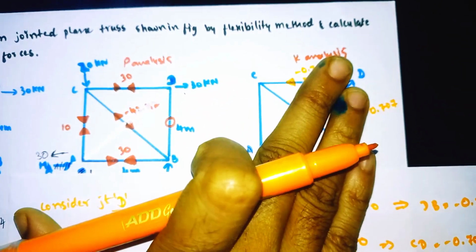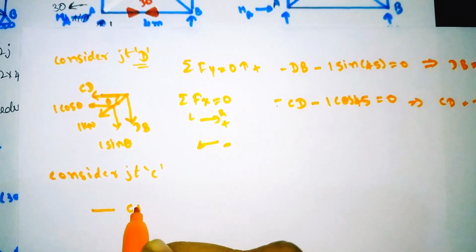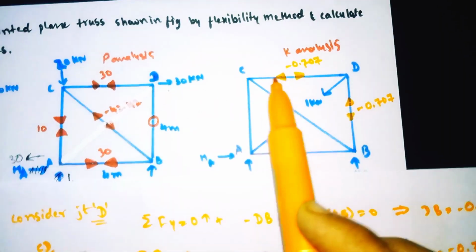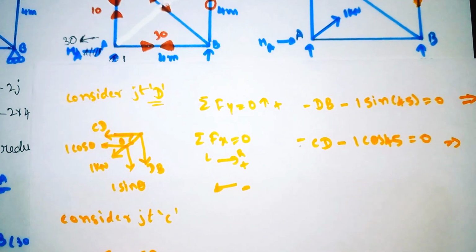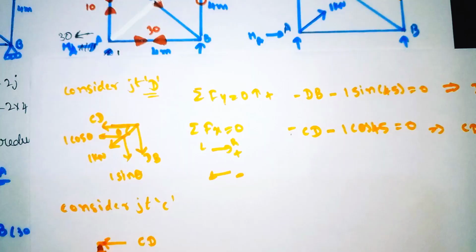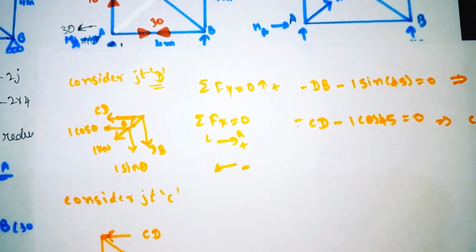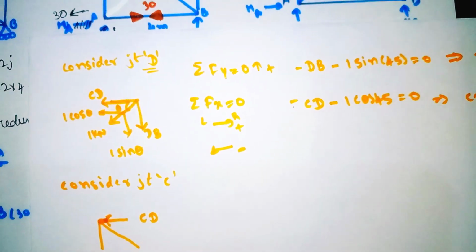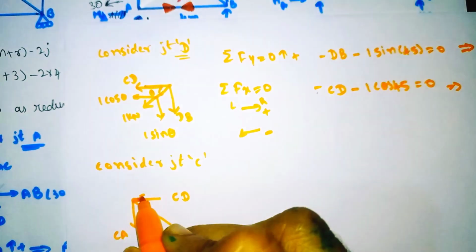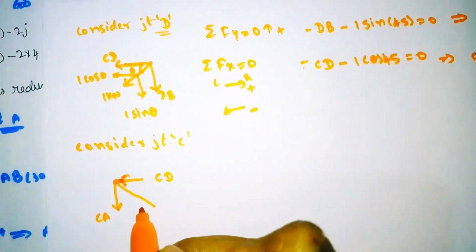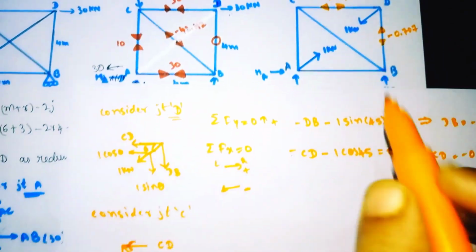I will redraw this here, and here at C, our CD is coming inward towards the joint, and here one diagonal is there, and here also CA, we don't know the value, we need to take it away from the joint. And the diagonal of CB is there.